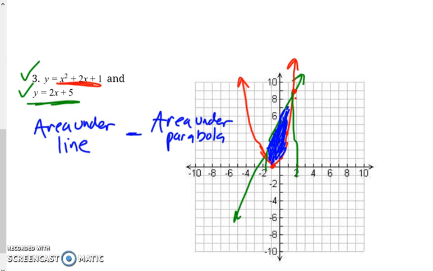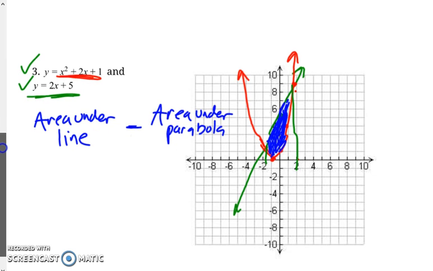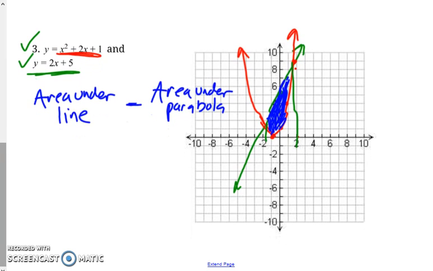If we take this area and subtract that area, we're going to get the area of that blue region. And the way we're going to find the area under the line is we're going to do the definite integral of it, and we're going to subtract the definite integral of the parabola.